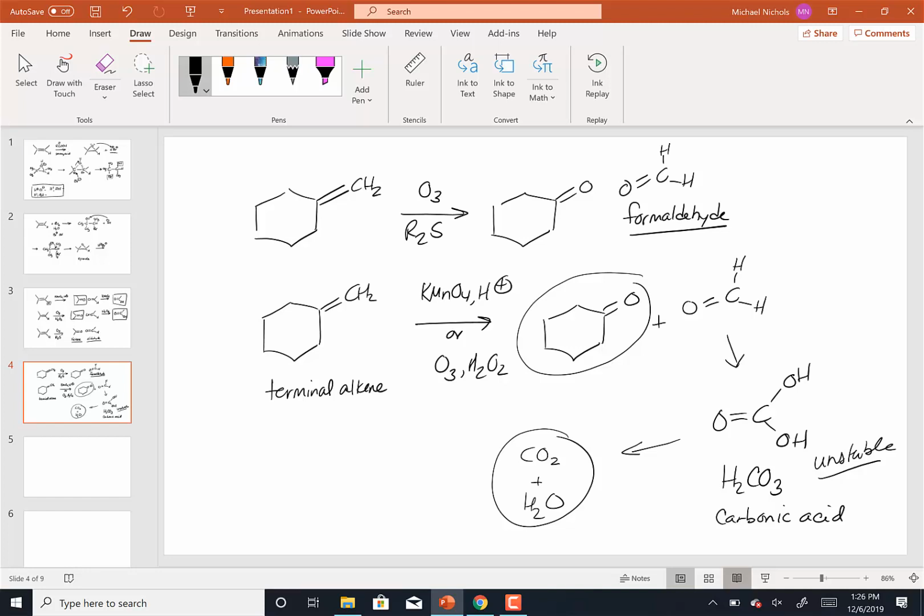If it didn't, then you knew the double bond was internal. And so that could help you determine what the structure of the molecule was.